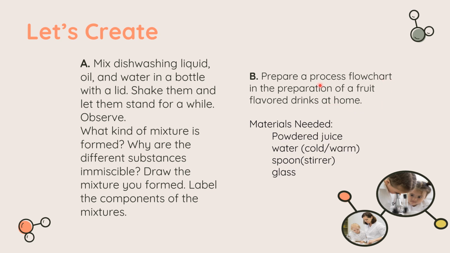So you're going to make a process flow chart on how you're going to prepare a flavored drink at home. So let's get ready with the materials that you're going to need and then submit your product.